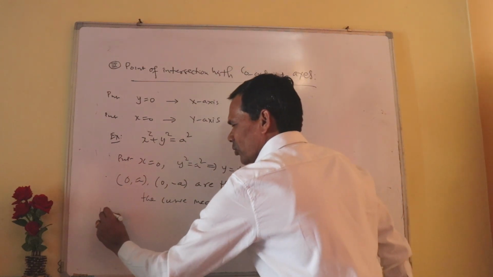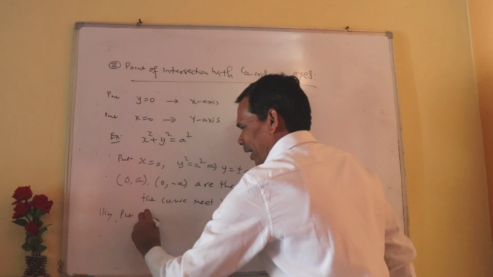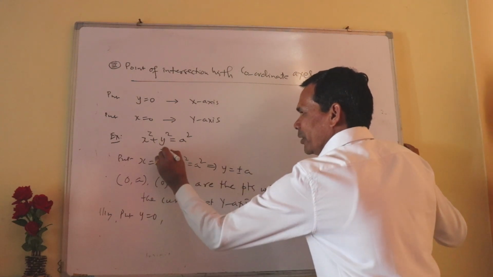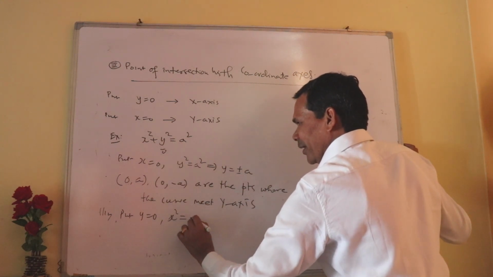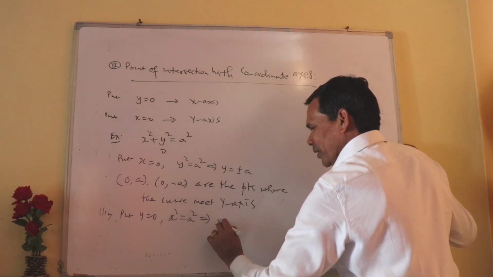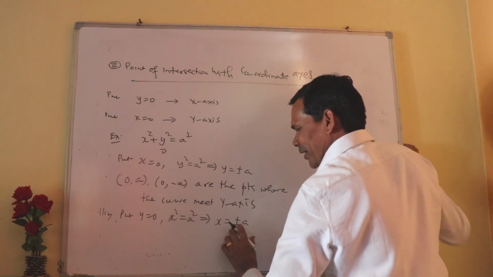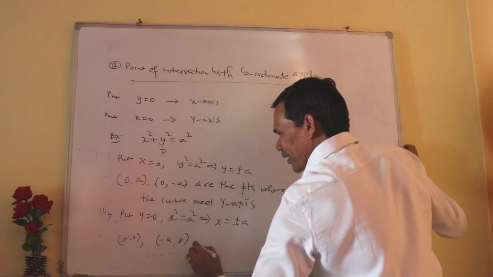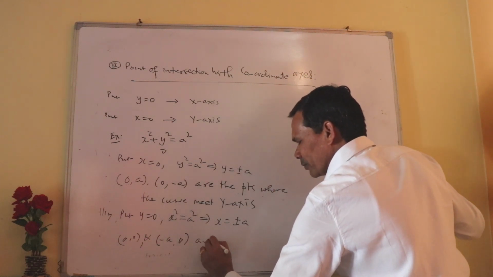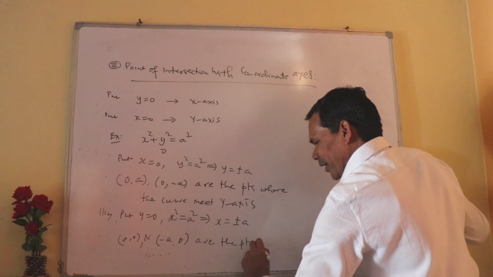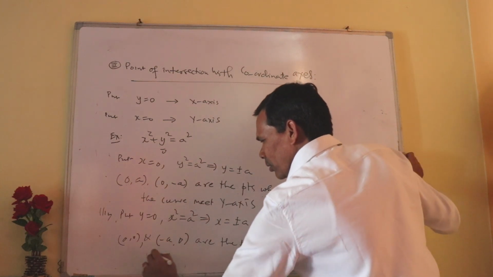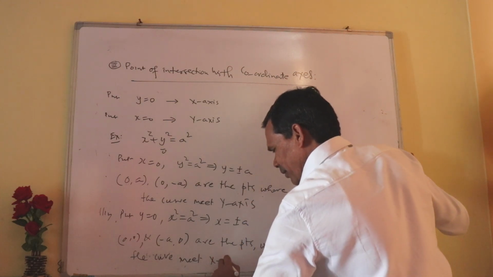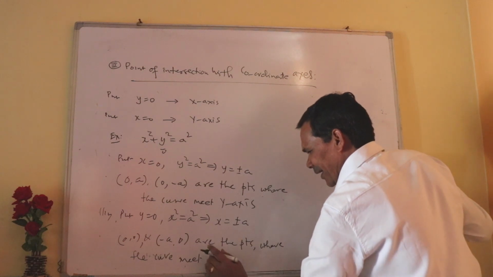Similarly, put y equal to 0 in the equation of the curve. Then x square equals a square, meaning x equals plus or minus a. So (a, 0) and (minus a, 0) are the points where the curve meets the x axis.